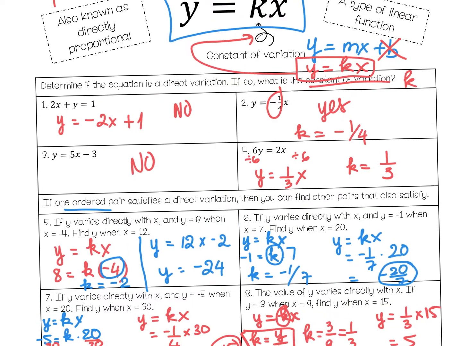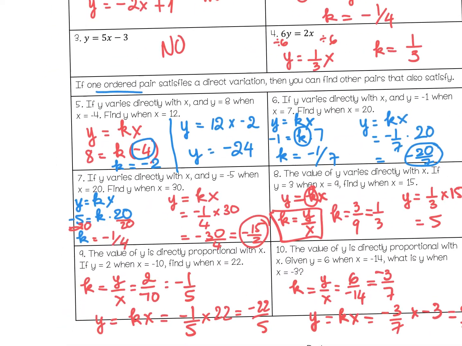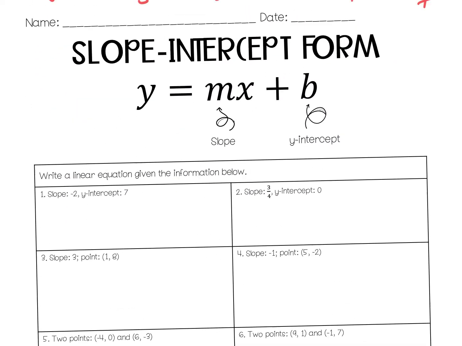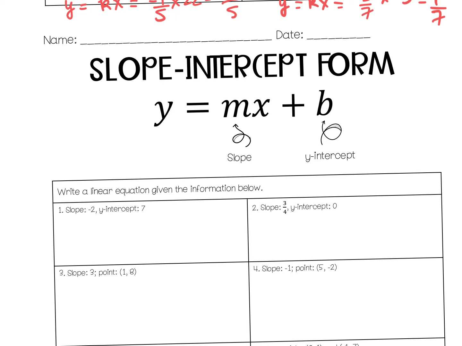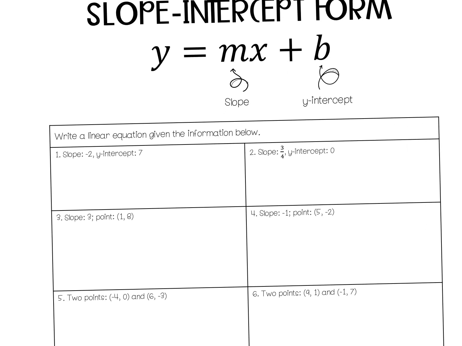So we just learned about direct variation. You have learned how to find the constant of variation, which is k, and write the equation y equal to kx. Now you get to slope-intercept form, which is very easy because you learned that in Unit 3. M is slope, b is y-intercept, and we just need to write the linear equation.